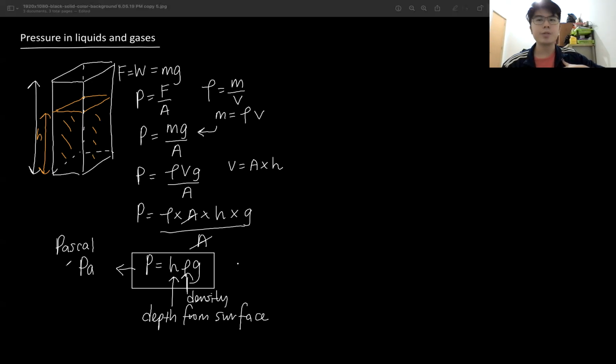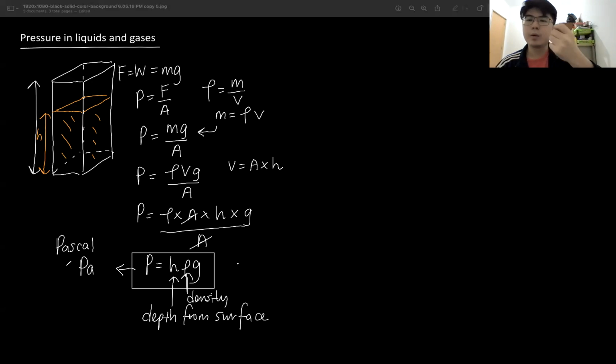So the deeper you go, the pressure of the water increases. And as the pressure increases, it presses the lungs, preventing them from expanding. That's why you feel like something is on your chest. Something is pressing you. That is the water pressure.